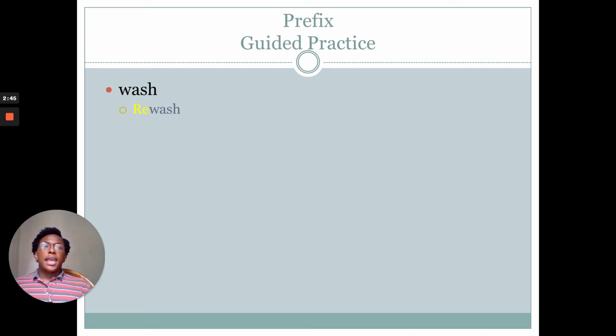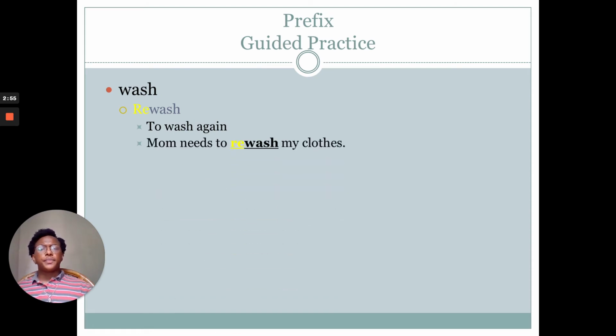So rewash means to wash again. And if we were to use this word in a sentence, my mom needs to rewash my clothes. My mom needs to wash my clothes again.